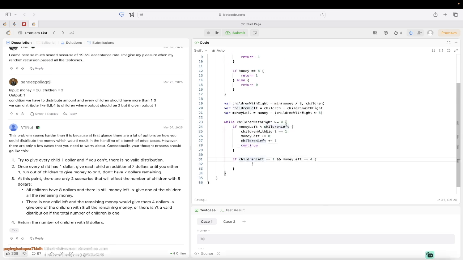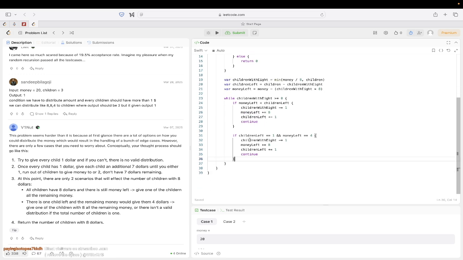We just need to continue. We don't need to break yet. So continue. There's not enough money. We have exactly 4. We're trying to give someone too much money.